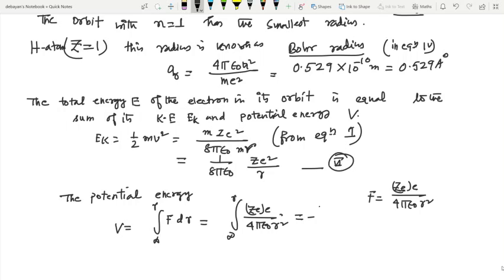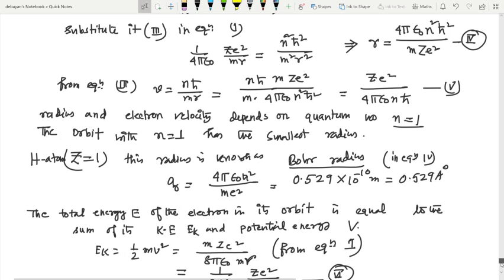So in place of r, if we put the value, because we know that the value of r is 4 pi epsilon naught n square h bar square by m Z e square, from equation number 4.